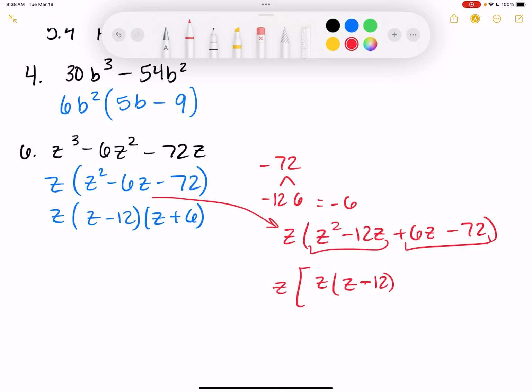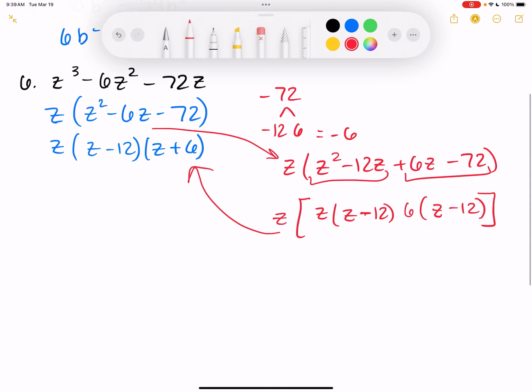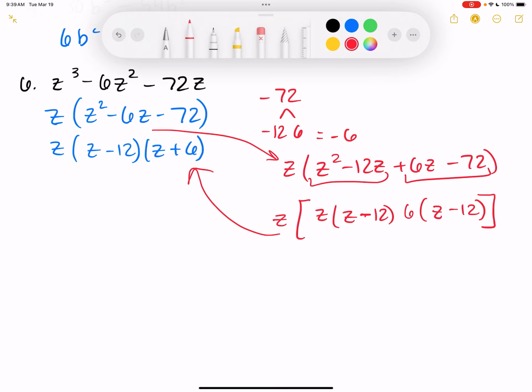Then over here, you would have taken out a 6 and been left with z minus 12. And then from there, we'd end up back here. So if you need to do the intermediate steps, that's fine. But if you can just write these factors, once you find these, then you're fine. Now, if there's a number in front, you need to actually write it out. But it's fine if you can do it like that for those ones.